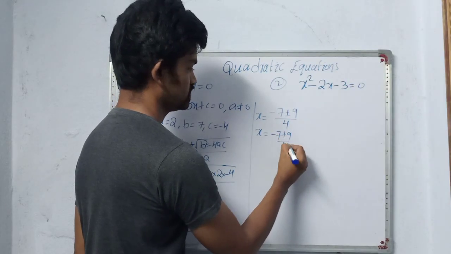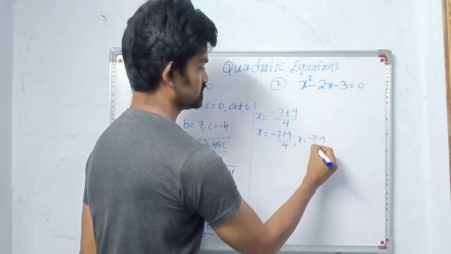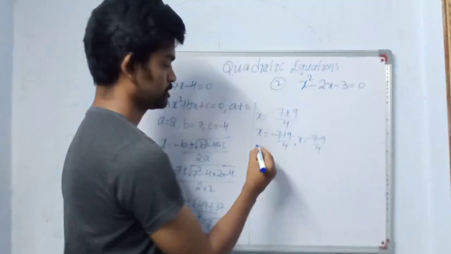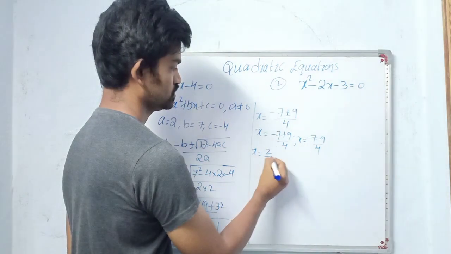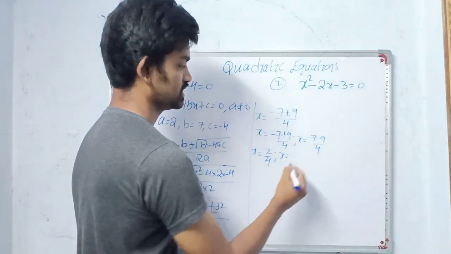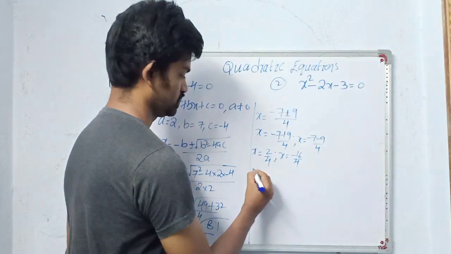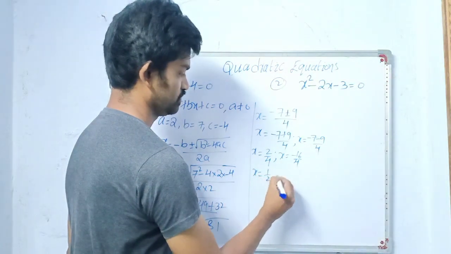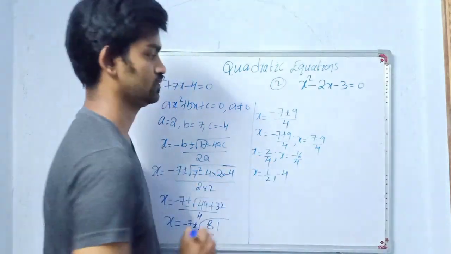First I will take plus and next I will take minus. Okay, so x value 9 minus 7 is 2. Here minus 7 minus 9 is minus 16 by 4. So x value is 1 by 2 comma, this is minus 4.